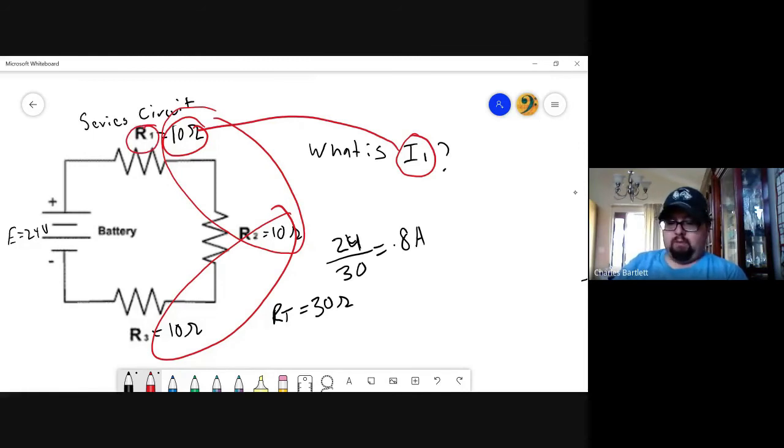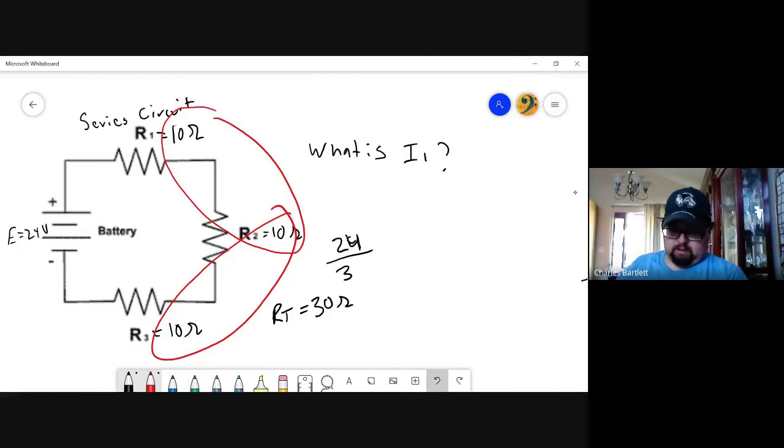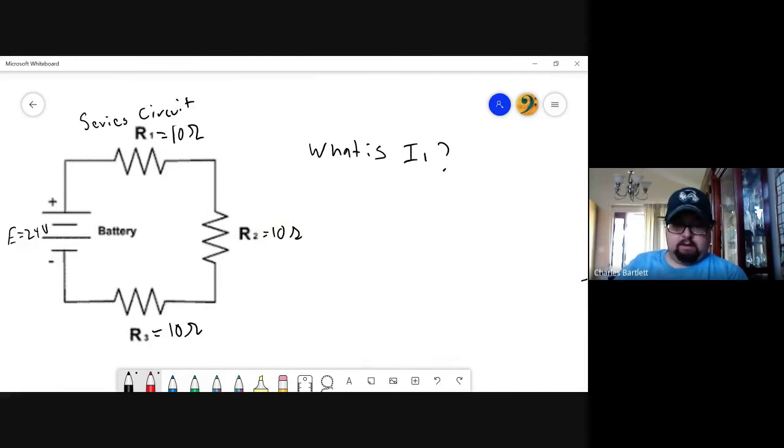In fact, that would be our next step. Okay, so we found I1, and I1 isn't a mystery anymore. It's 0.8 amps, and it is also considered IT.